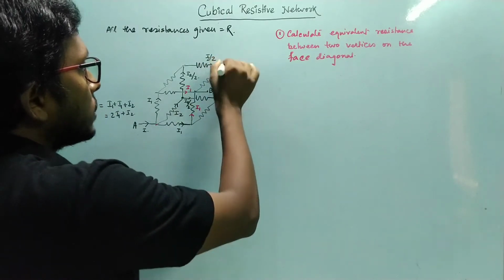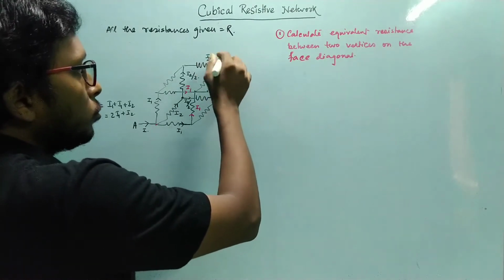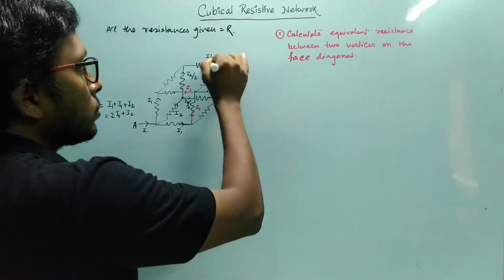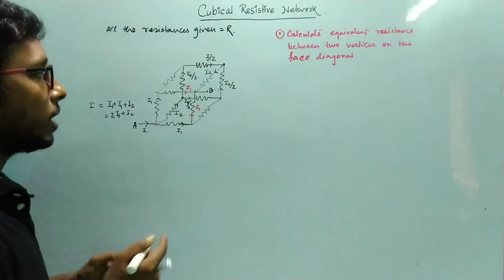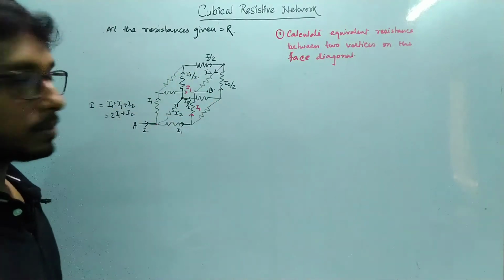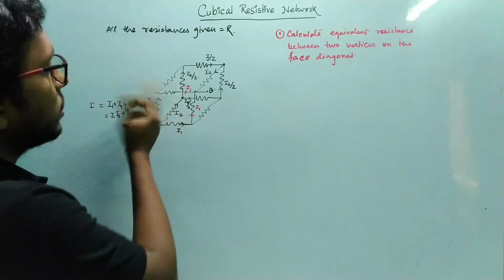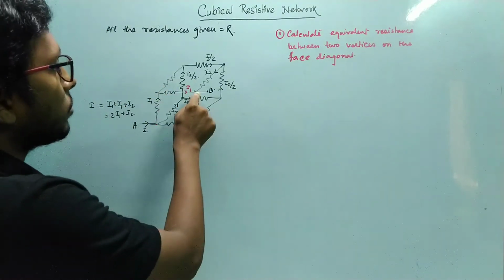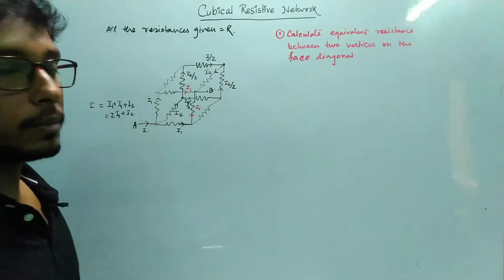So at this junction, I can see there are I2 by 2 entering, so current through this line will be equal to I2, and you can see that it's a symmetry. I1 from this line, I1 from this line, similarly I1 from this line and I1 from this line, I2 from this line and I2 from this line.